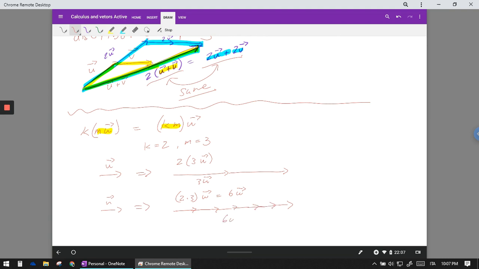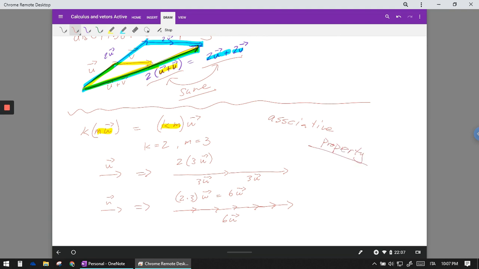So this is 6u, and this is 2 times 3u. Basically, that just means you can multiply scalars with each other and then into a vector, or you can multiply one scalar into a vector and take the resulting vector and multiply a scalar into that, which is called the associative property.